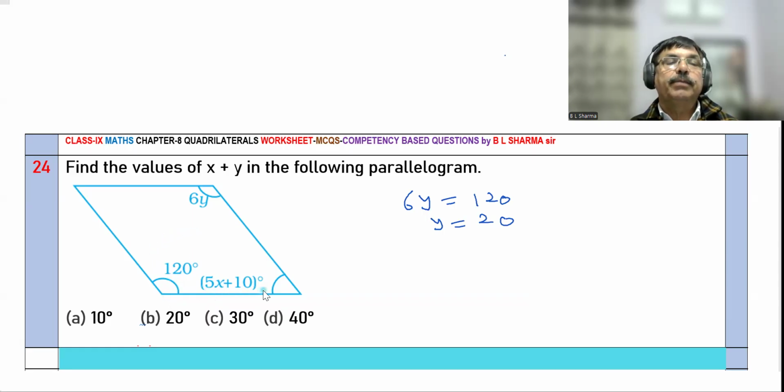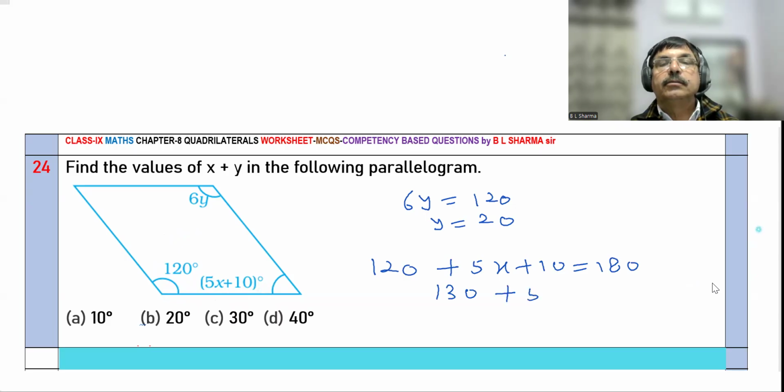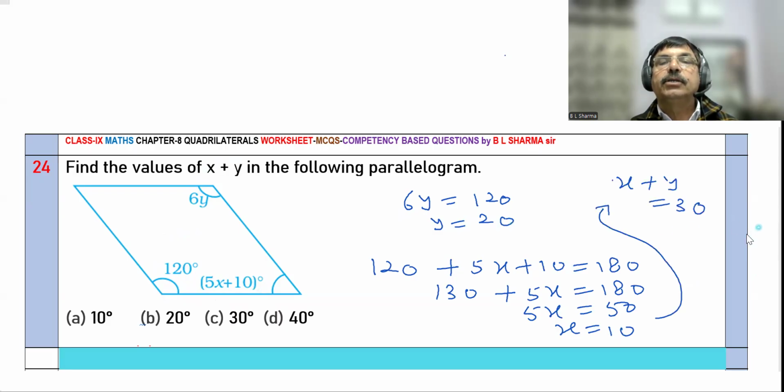So 120 plus 5x is equal to 180. So 5x is equal to 60, x is equal to 60 by 5, that is 12. Now x plus y, where x is 12 and y is 20, so x plus y is equal to 12 plus 20, that is 32. So C is the correct answer.